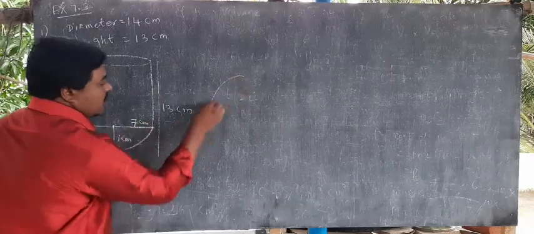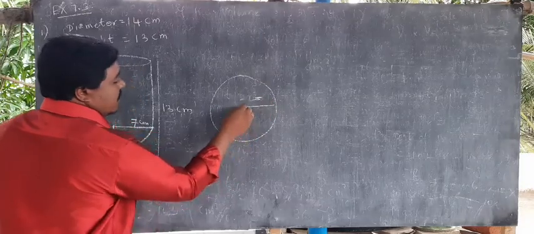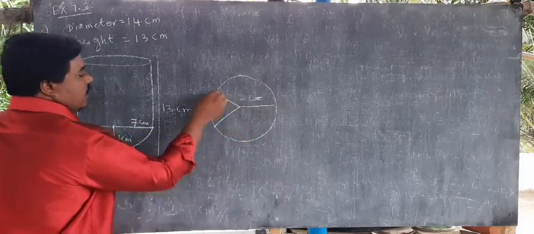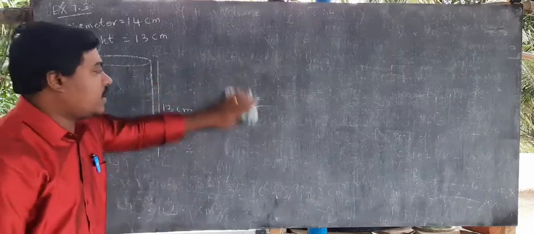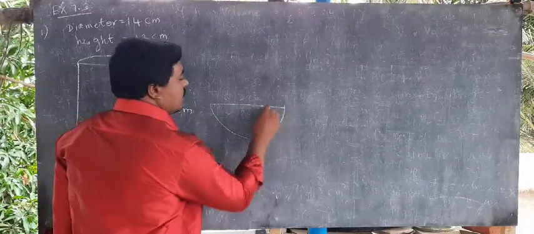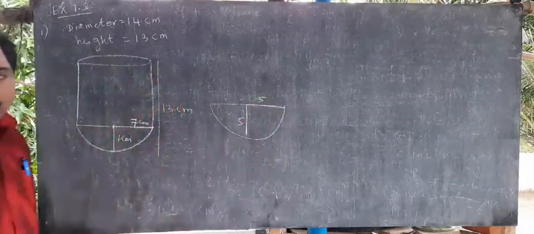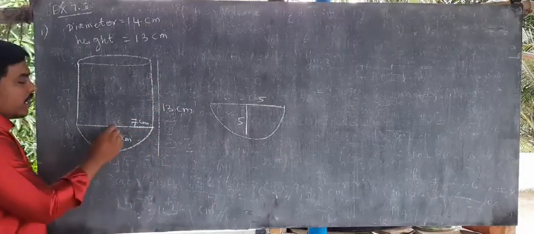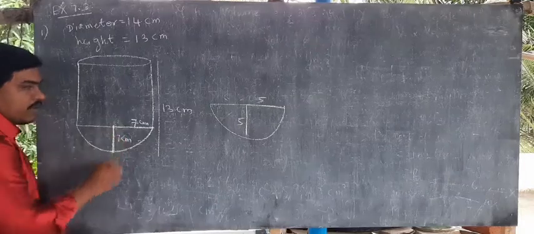Because for one circle, if the radius is 5, then here also the radius is 5 only. The same thing: a sphere cut gives a hemisphere. For the hemisphere also, the given radius is 7, so here also 7.